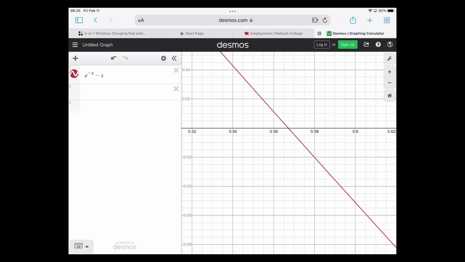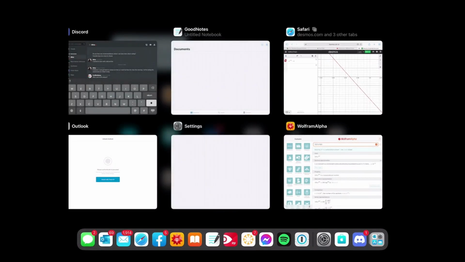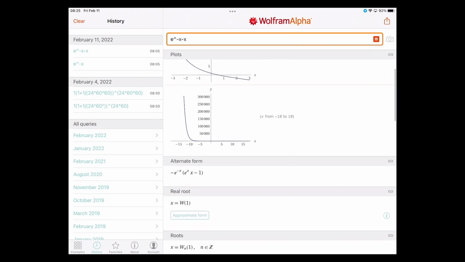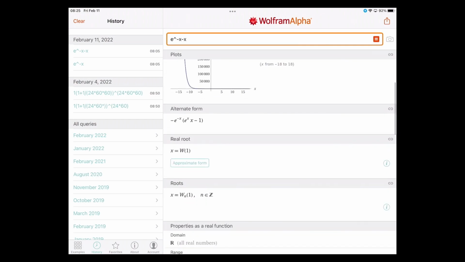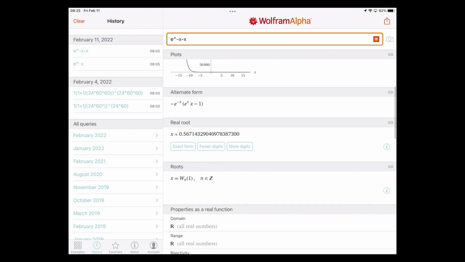Yeah. All right, now, let me go back to Wolfram Alpha for just a moment because it approximated a value that's the root, and it did so using some sophisticated techniques.